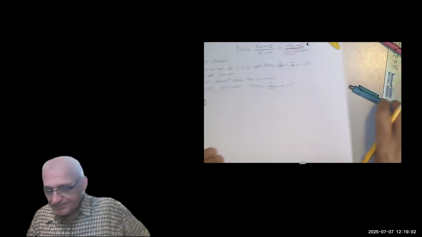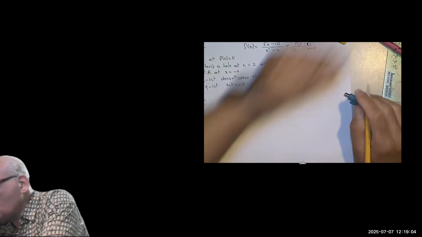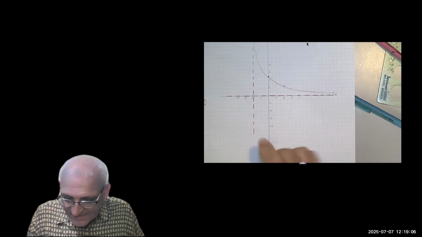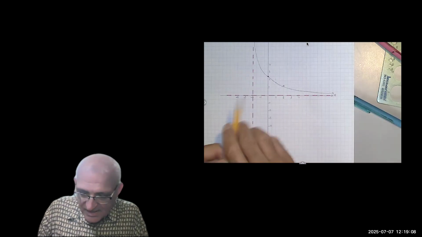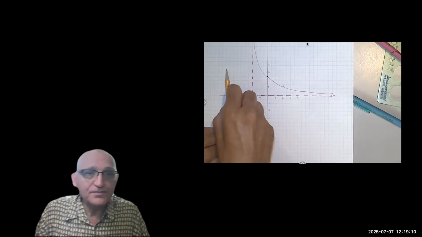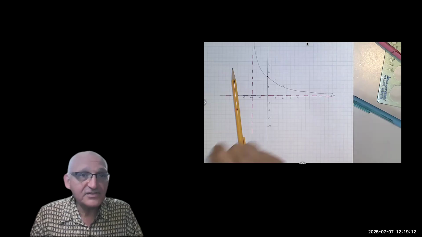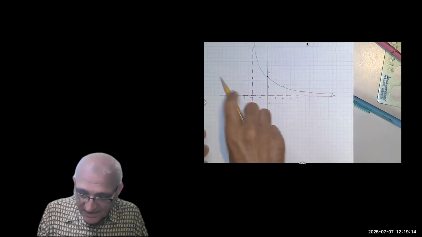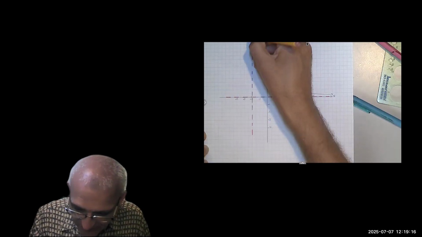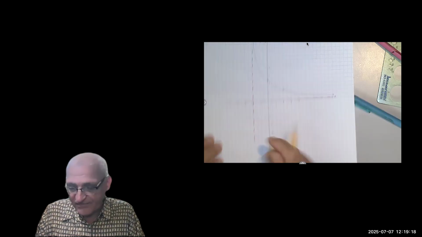Okay. Now, I want to see what happens when x is less than -2, meaning I'm on the left. Is my graph going up to positive infinity or down to negative infinity?